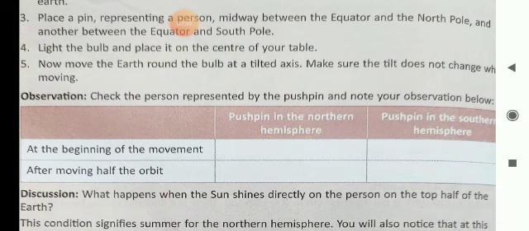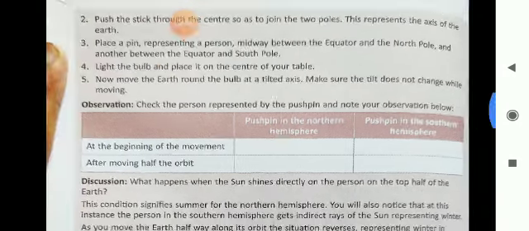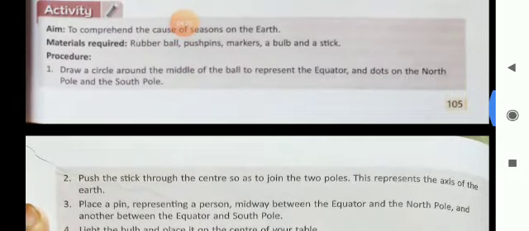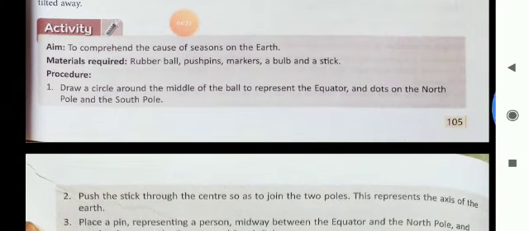And the person also living there can feel hotness because of the summer season. At the same time, in the other hemisphere, the person will feel winter season, they will experience winter season. So this is to demonstrate the causes of seasons on the earth.